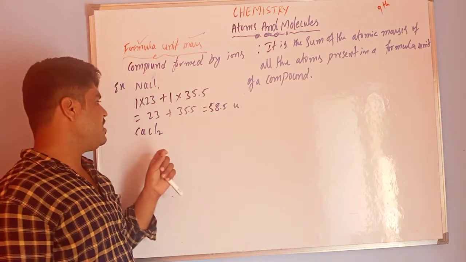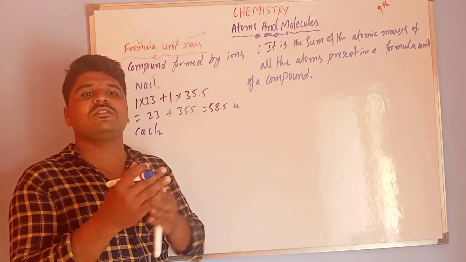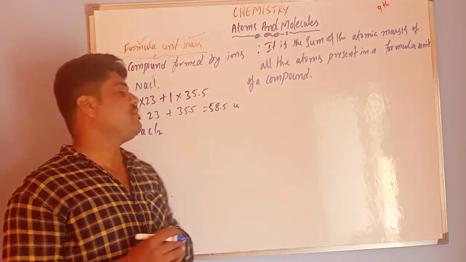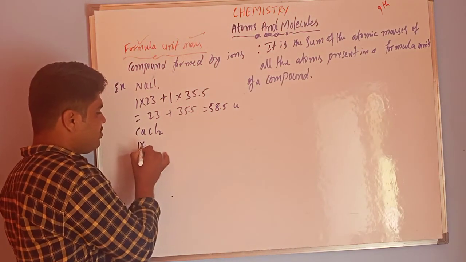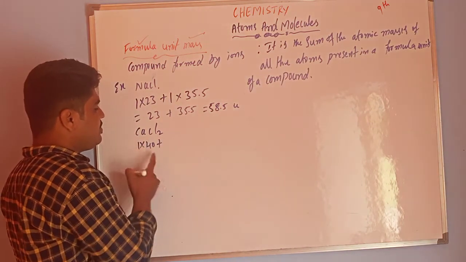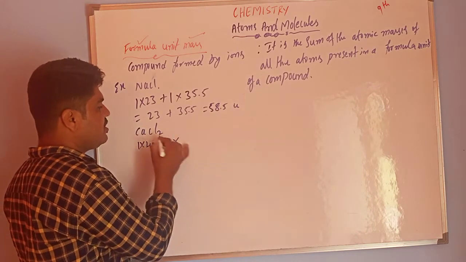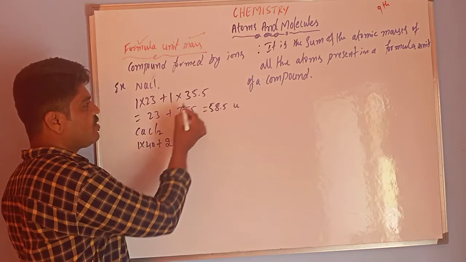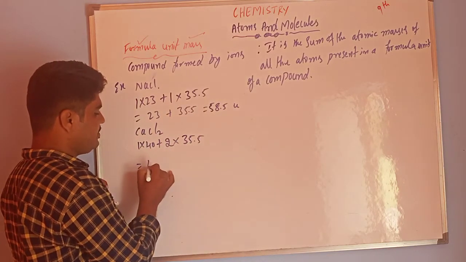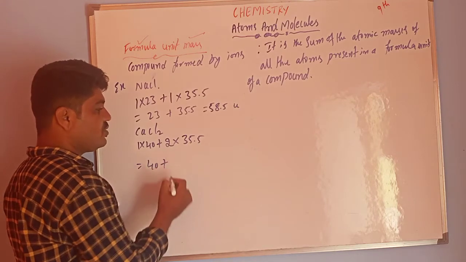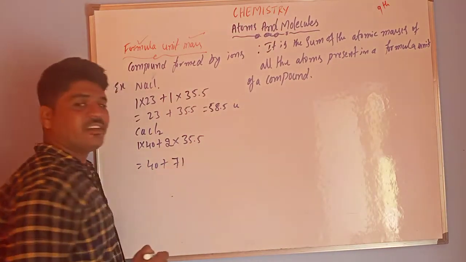Atomic number is 20, which means atomic mass is 40. How many calciums are present? Only one. So 1 into 40, plus how many chlorines? 2 chlorines are present. 2 into the atomic mass of chlorine, 35.5. So 1 into 40 is 40, plus 2 into 35.5 is 71.